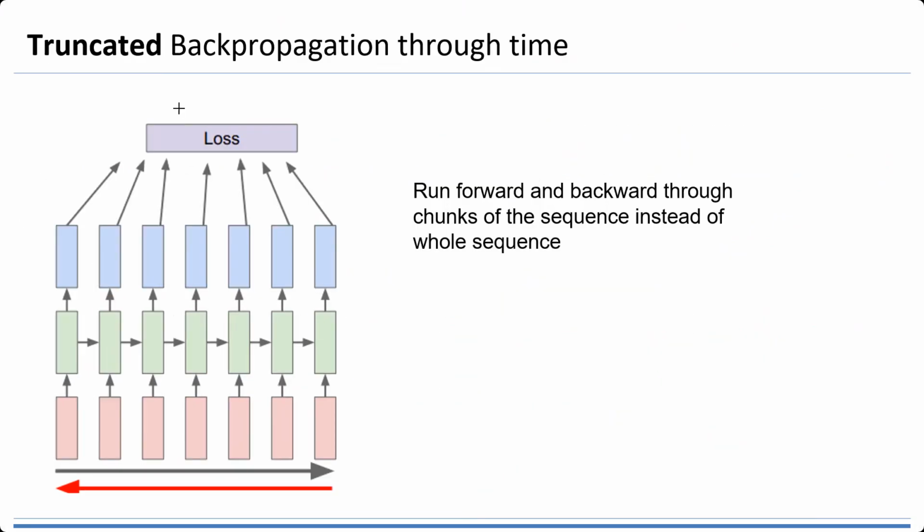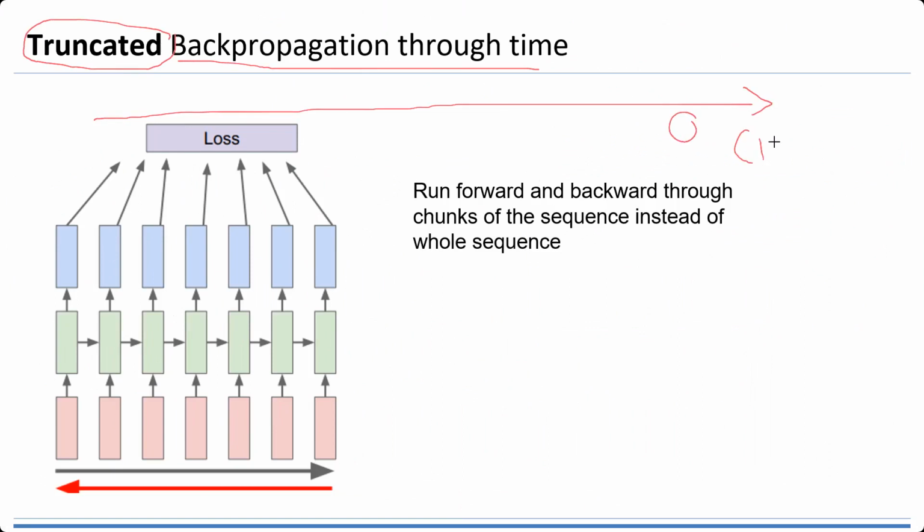We can have another kind of backpropagation through time. We call it truncated. Sometimes in a neural network, the run is very long. When the run is very long, of course, you may have some difficulties if your computer is not good. Some computers, if you use only the CPU, may run very long.